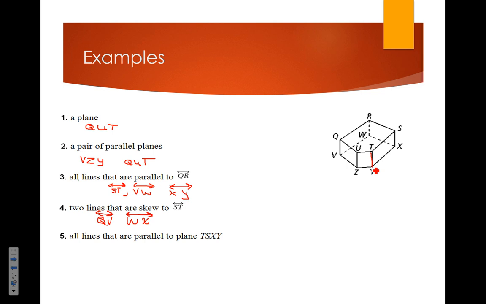So you've got this plane S, X, Y. So the lines parallel is going to be this QR and the VW. So those are the lines that are parallel.